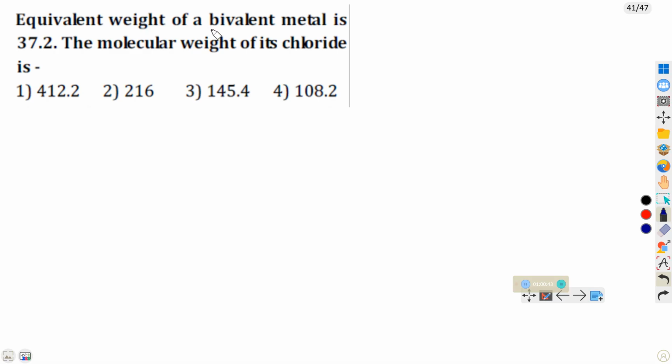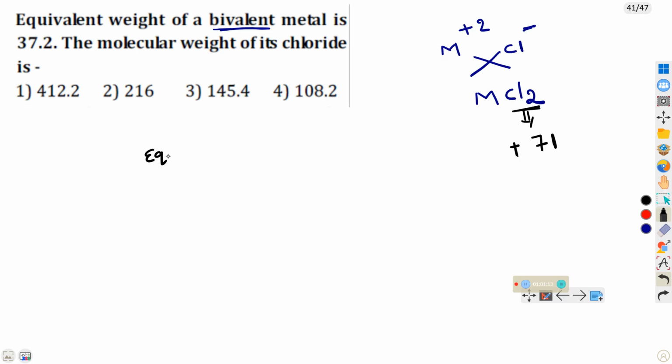Equivalent weight of a bivalent metal is given. Metal is bivalent. Molecular weight of its chloride, Cl minus. First identify the formula of the compound according to the crisscross method, that is MCl2. In this, each chlorine weighs 35.5, two chlorines weigh 71. Calculate metal atomic weight.